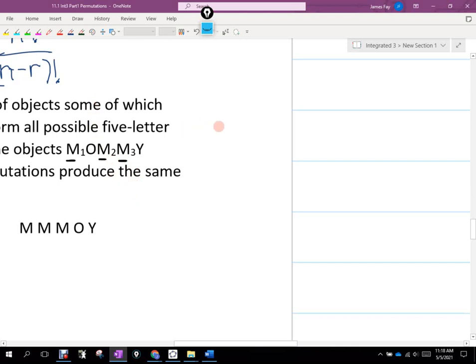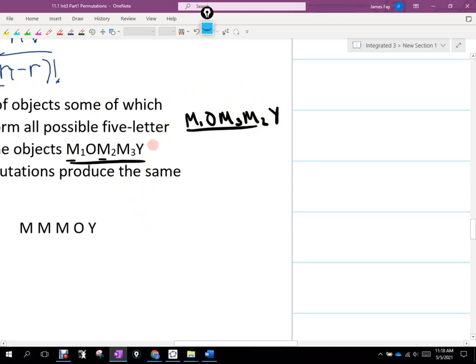Okay. So if I wanted to figure out how many different permutations, how many different orderings I can make, if I went M1, O, M3, M2, Y, this one is different than that one now. Is everyone okay with that?